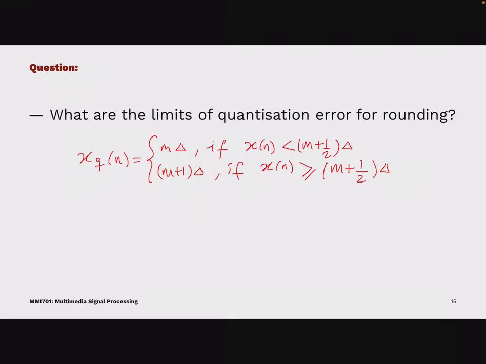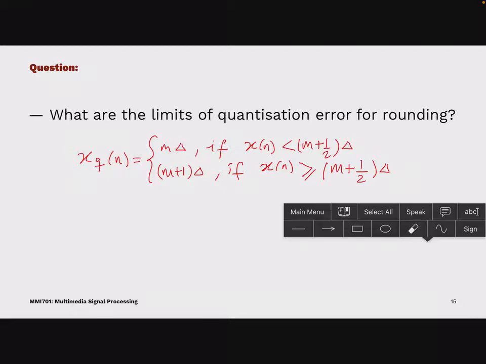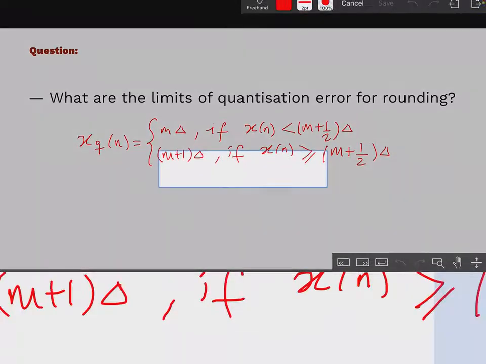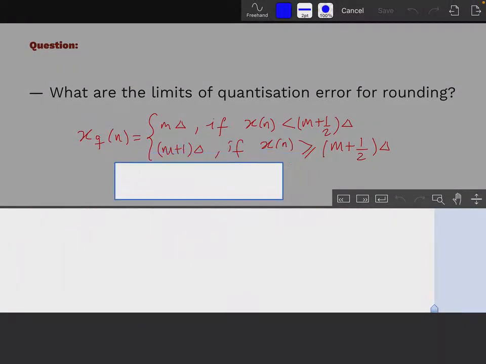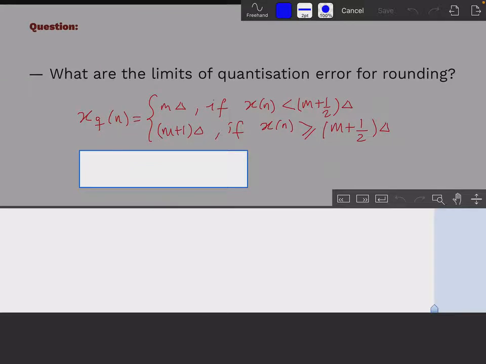Then looking at this, what would be the maximum error for quantization by rounding? The maximum error will be bounded between minus delta over 2 and delta over 2. Imagine you're rounding and your sample is exactly at the midpoint, m plus 1 over 2 delta, or just below or above it.